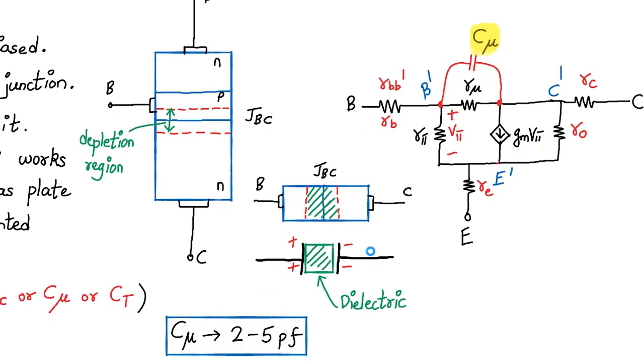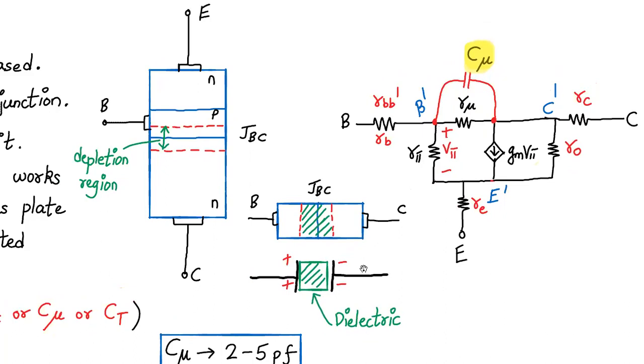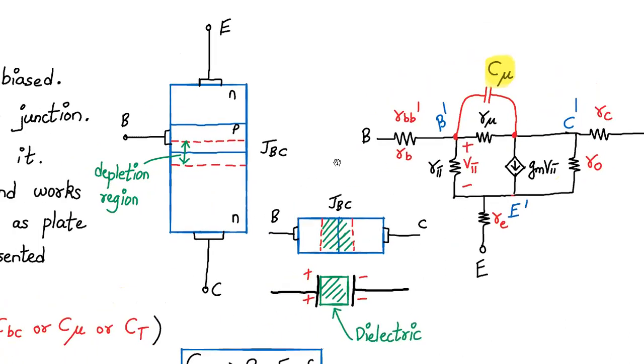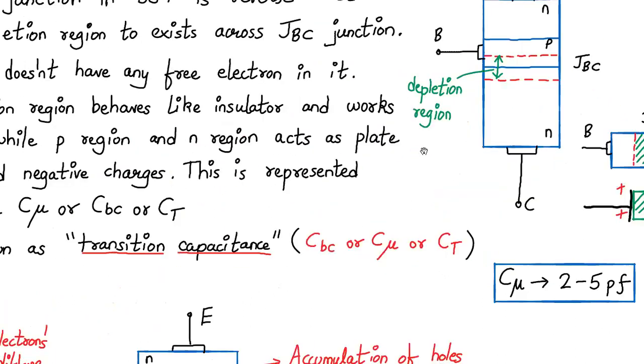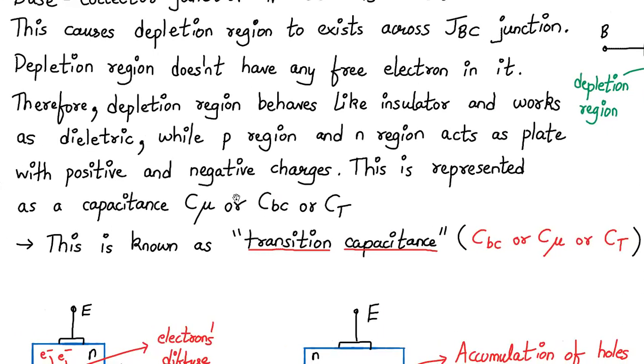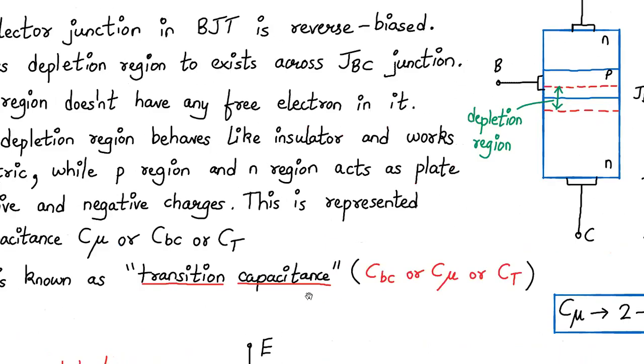So this is represented as a capacitance denoted by C mu, or it is also denoted by CBC, or CT, and this is known as transition capacitance. I repeat, CBC, C mu, and CT, any one of those.